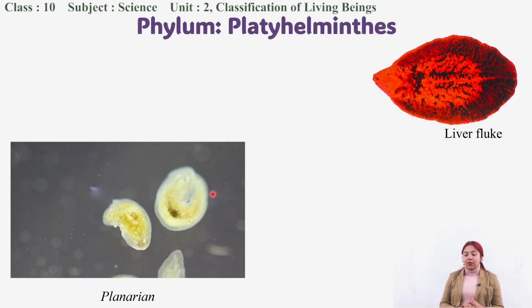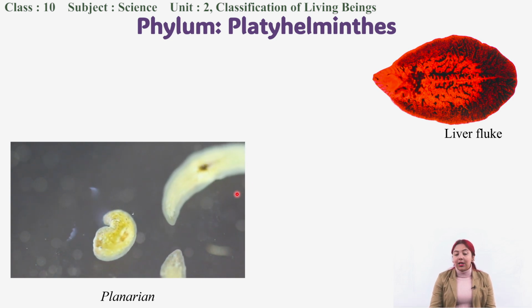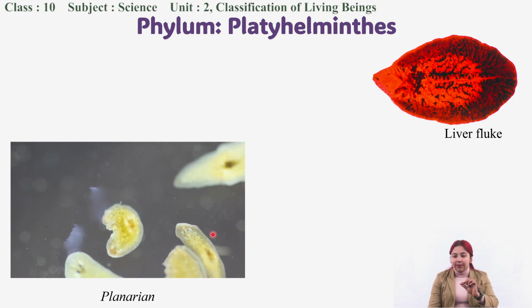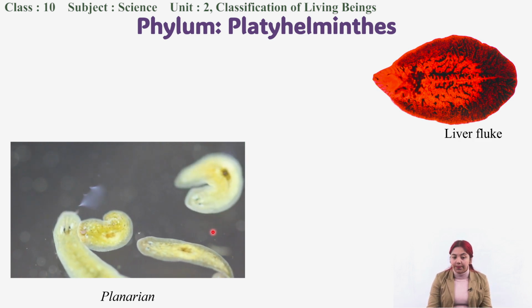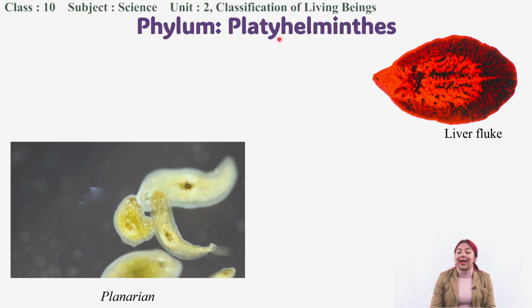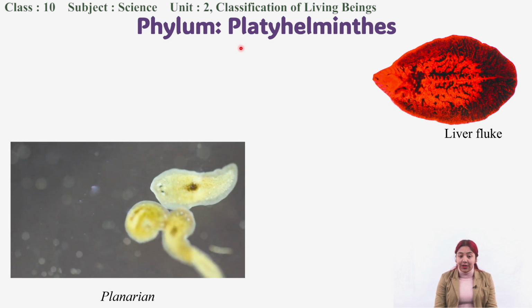Platyhelminthes. Now when you look at these images and videos, what similarities can you see in them? Yes, they have this flat body-like structure. That's why this phylum is given the name Platyhelminthes, from the words platy and helminthes.